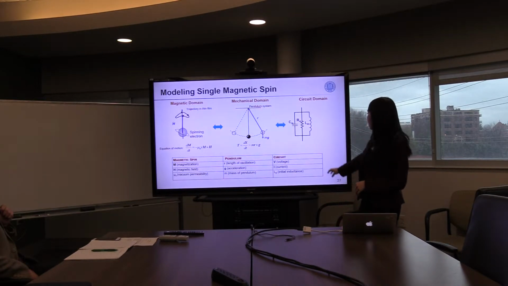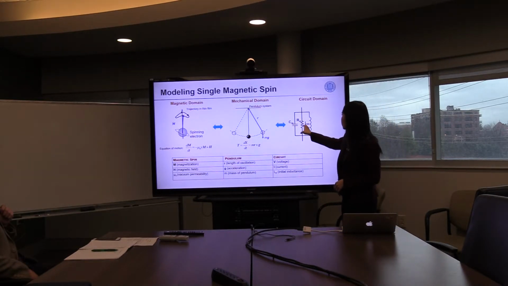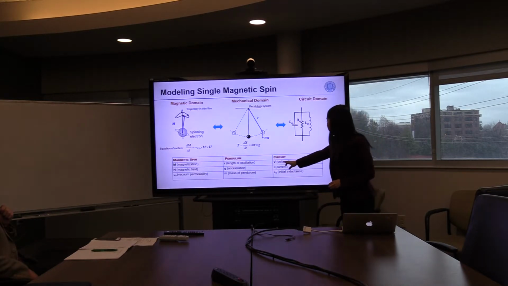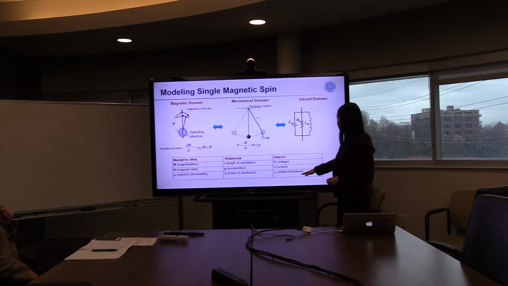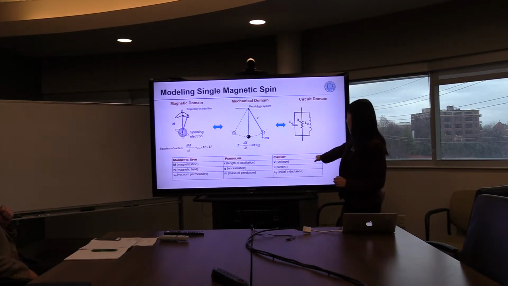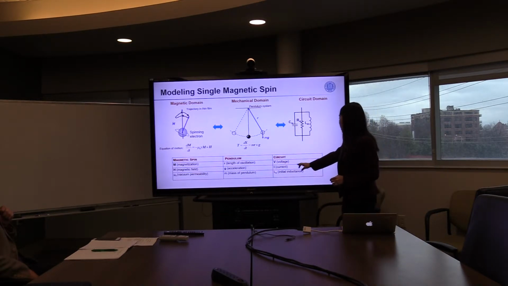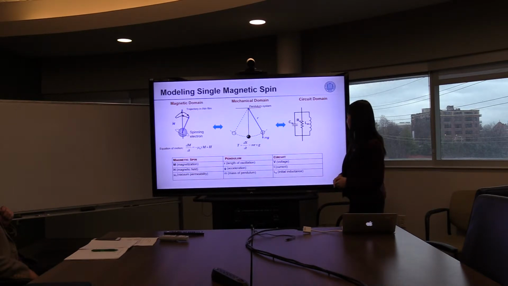If we connect these two domains together from the mechanical to the circuit domain, we can also find a one-to-one correspondence between these parameters. The voltage across this resonant tank means the magnetization in the magnetic domain. The current going through the resonant tank is the magnetic field.